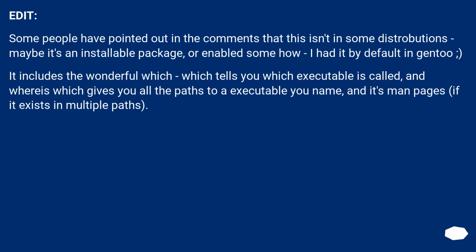Maybe it's an installable package, or enabled somehow. I had it by default in Gentoo. It includes the wonderful which, which tells you which executable is called, and whereis, which gives you all the paths to an executable you name, and its man pages, if it exists in multiple paths.